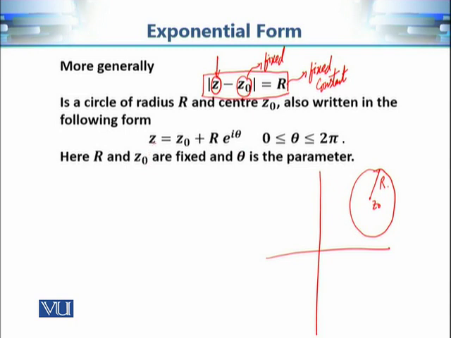There is another way of writing down the points of this circle. This is equal to z0 plus r e raised to power iota theta.